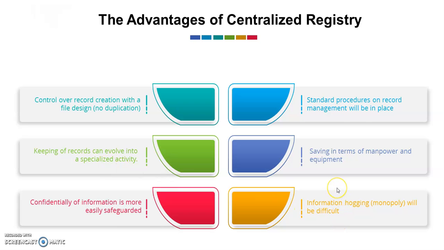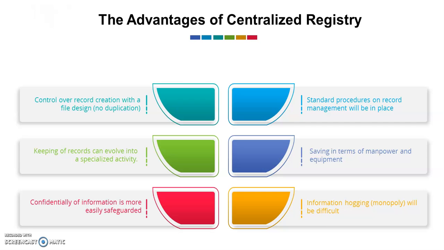The next one is whereby there is a saving in terms of the manpower and the equipment used in that particular registry. And there is also a clearly understood responsibility on the part of the central registry for the record management itself. Not only that, another advantage is the confidentiality of the information, which is more easily safeguarded.